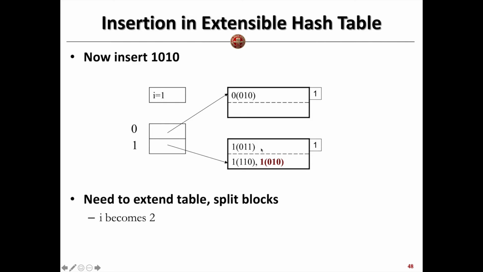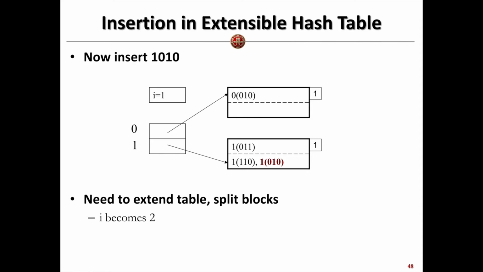And we can go over all the entries in this bucket. We find they are all used up. But we can temporarily put this 1010 into this bucket. We know right now the bucket exceeds the storage space, and we have to extend this bucket. We have to split it into 2 buckets instead.